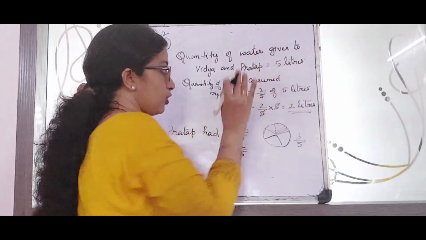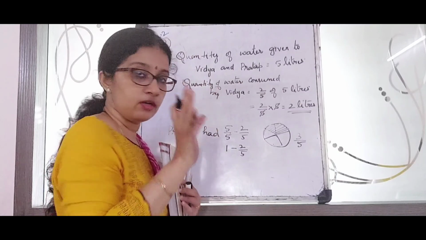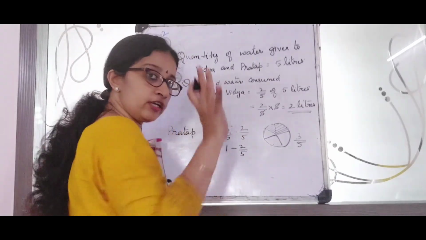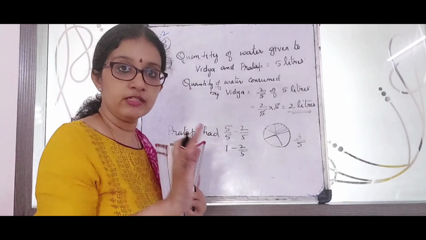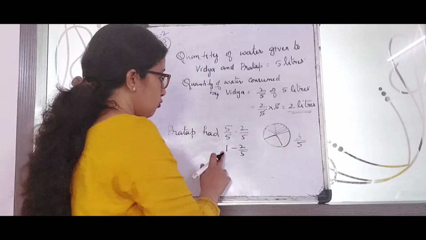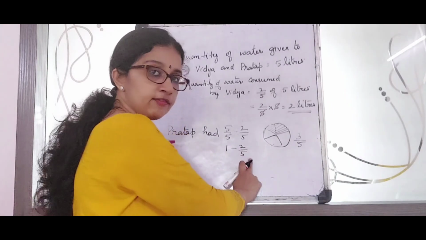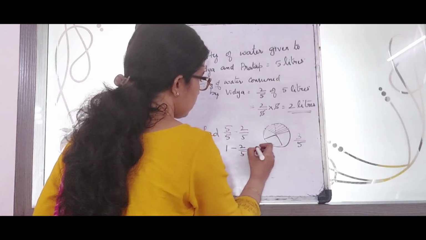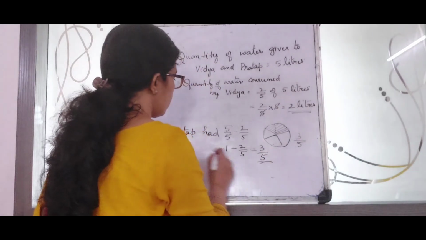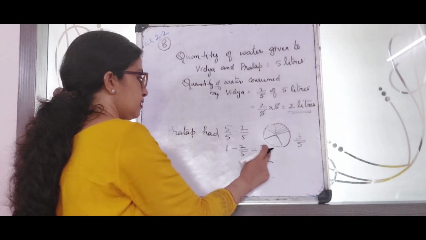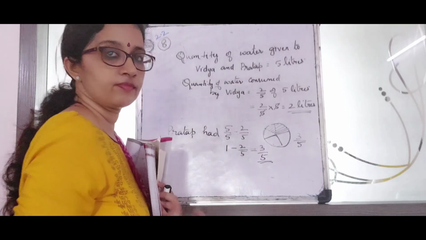The 5 liters of water can be taken as 1 unit. Out of the total, we always take 1 in fractions. Total full means we always take 1. So 1 minus 2 by 5, which Vidya had, is equal to 3 by 5. So the fraction Pratap had is 3 by 5.